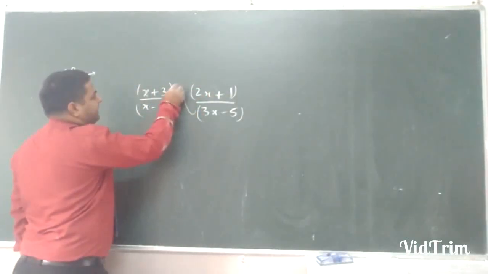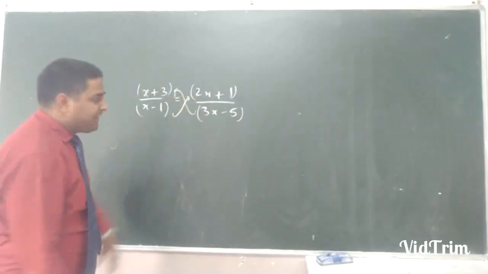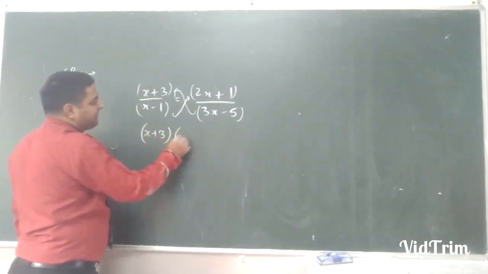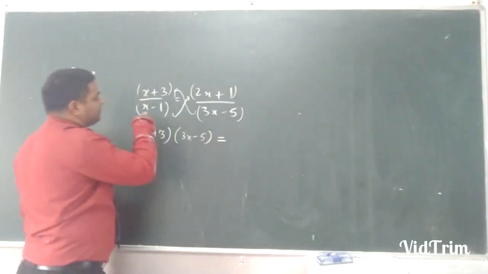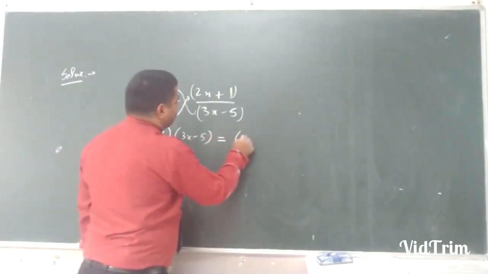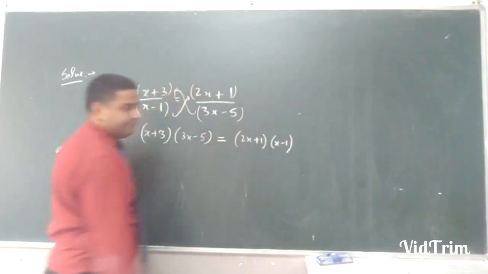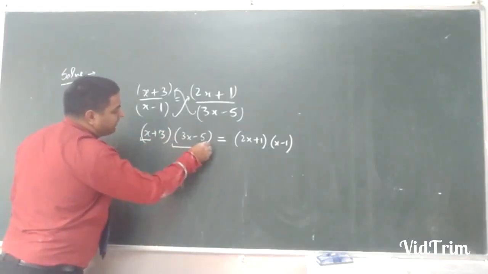This number multiplies here and this whole number multiplies this side. Let's cross multiply. X plus 3 should be multiplied with 3x minus 5, should be equal to, this number goes here, 2x plus 1 into x minus 1. Now, this x is multiplied with the whole number.